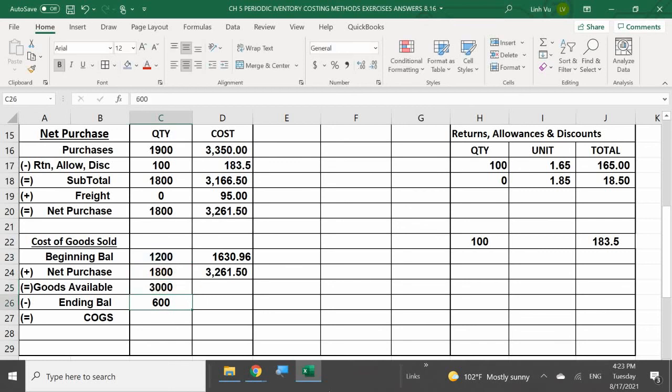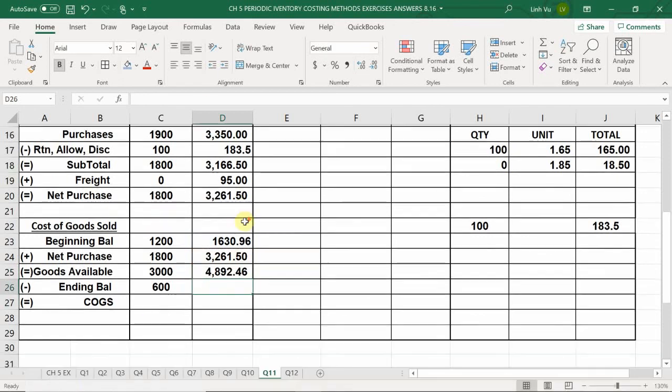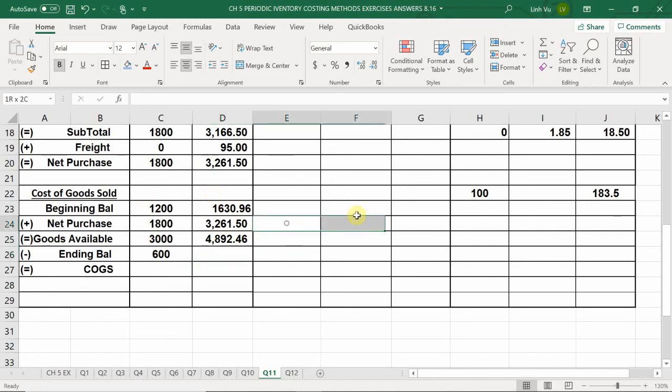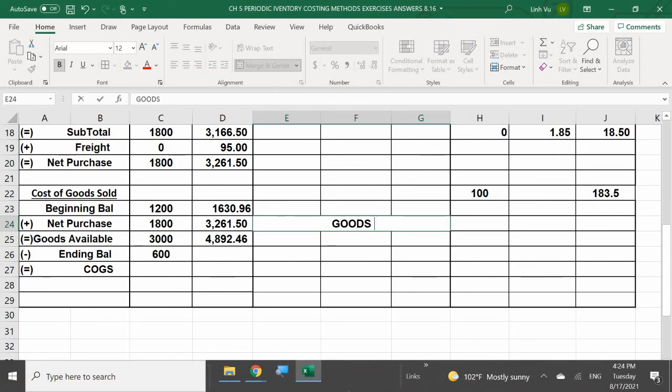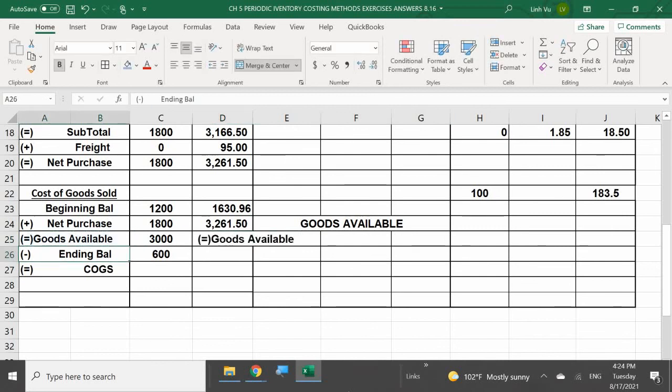Okay. We're going to carry our net purchases down, okay, to get a grand total of goods available to be 3,000. 3,000, okay? So then we got a grand total of goods available at total cost $4,892.46. Correct, okay? So therefore, I'm going to go ahead and calculate my goods available here, okay? Hold on, I think I hit the wrong one.